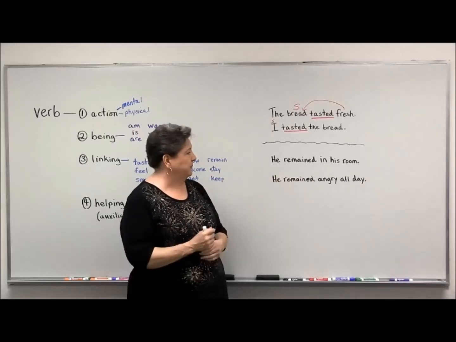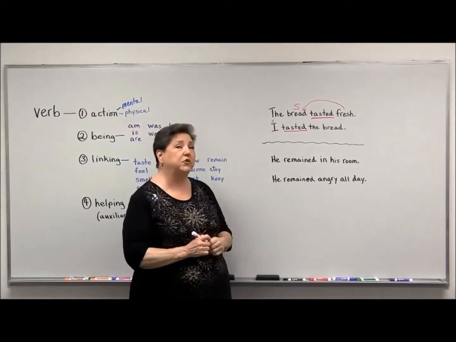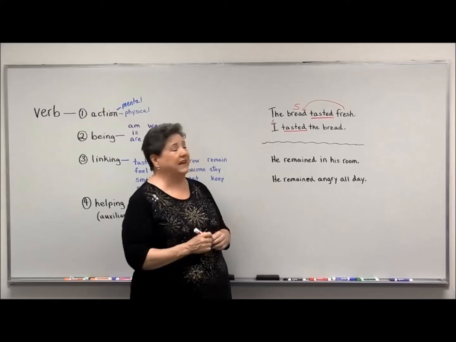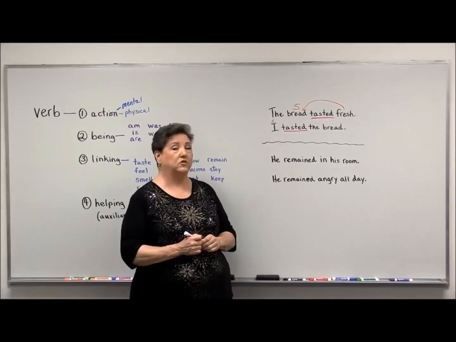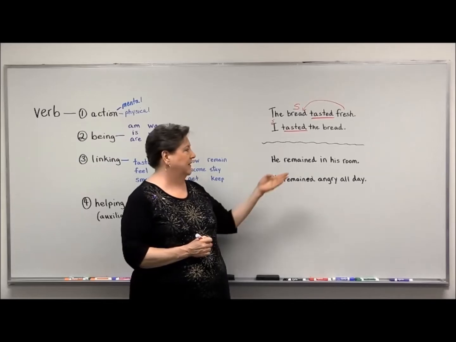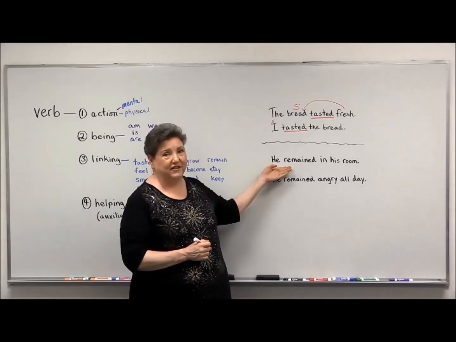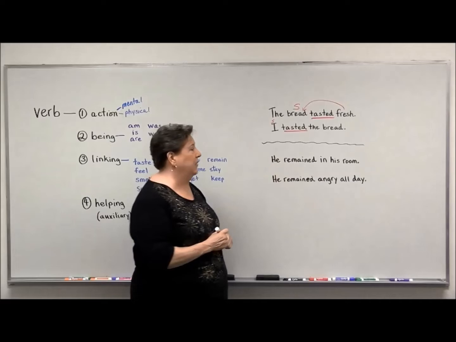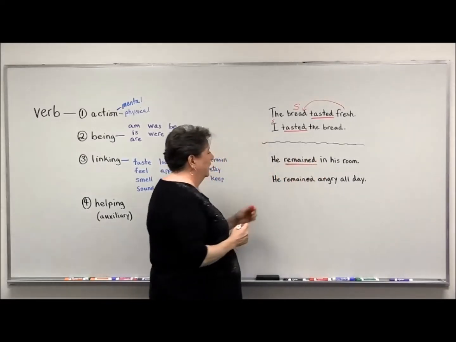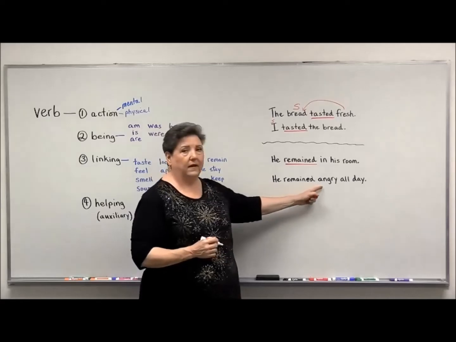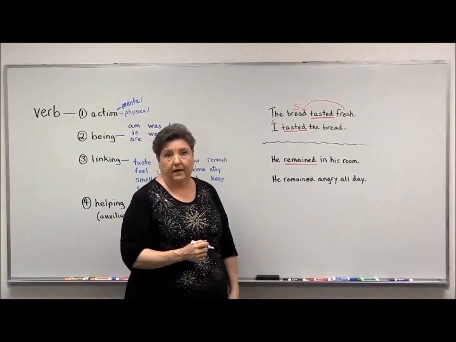Well, look down here. He remained in his room. He remained angry all day. Which one is action and which one is linking? The first one is action. This is an action he did. He remained where? In his room. He remained angry.